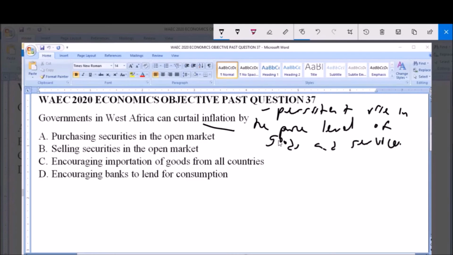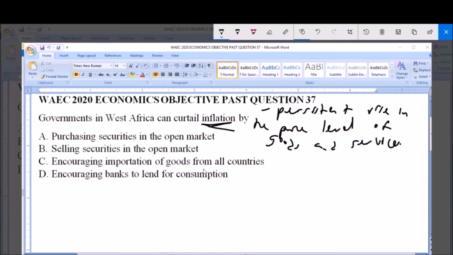Now, this usually occurs when there is a lot of money in circulation in the system. So usually, in order to curtail inflation, the government usually takes measures that involve pulling money out of the system.